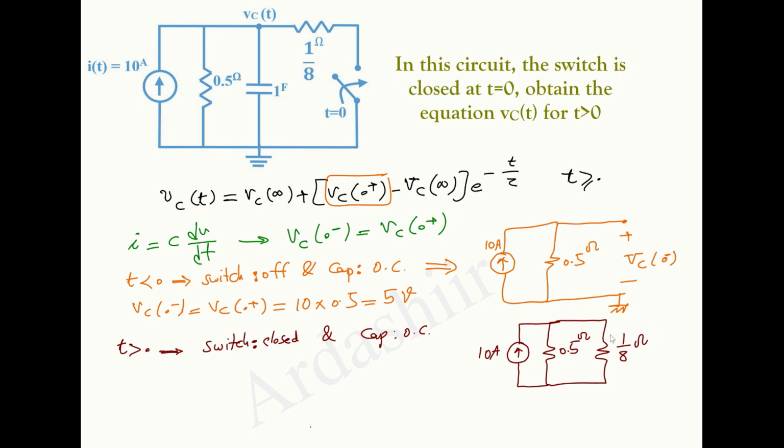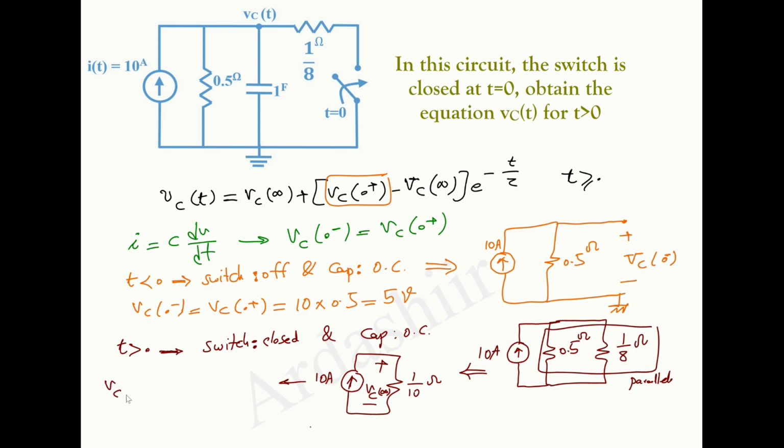The 0.5 ohm resistor and also the 1 over 8 ohm resistor are in parallel in this circuit. And so the summarized circuit is here: 10 amperes with a parallel of two resistances, 1 over 10 ohm, and this voltage is Vc at infinity.